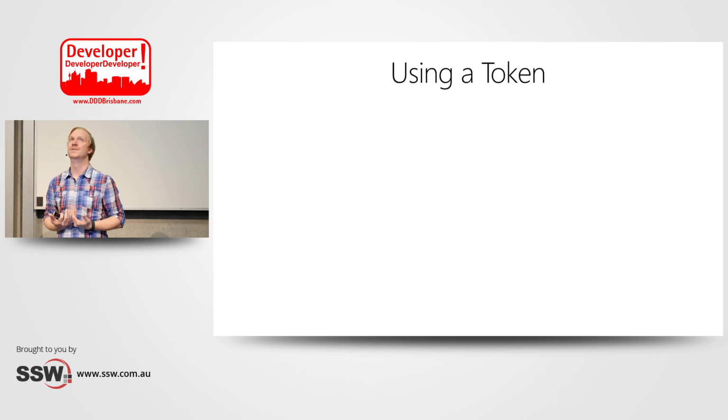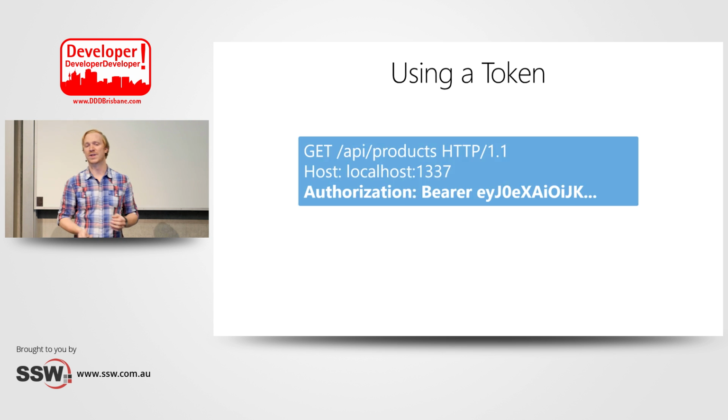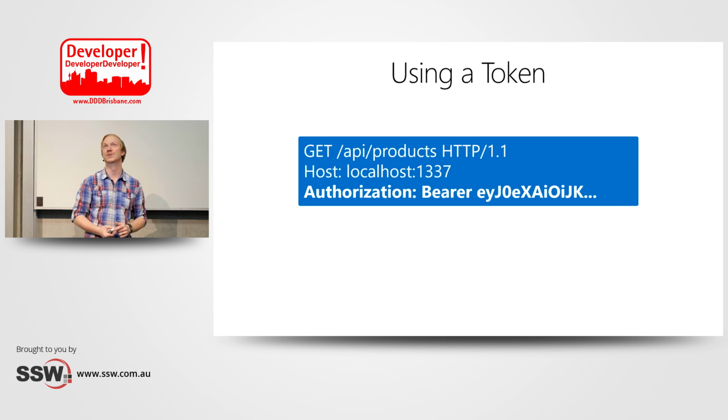So how do we use this? I got the token. How do I now use this to call my API? It is pretty simple. It's probably simpler than anything else we've looked at. You just add an authorization header to your calls to the API and say that, hey, this is my bearer token, and here's the token itself. And now the API will know that this token is valid for you to use.